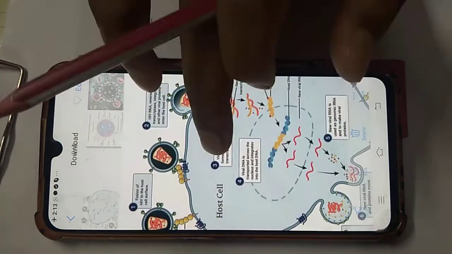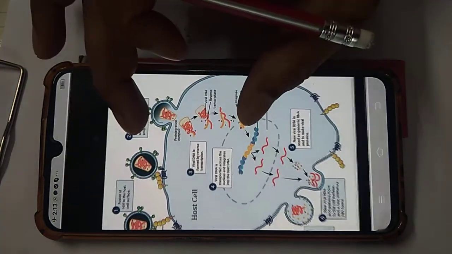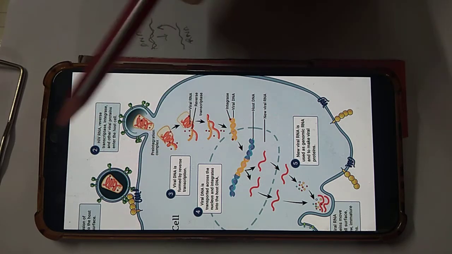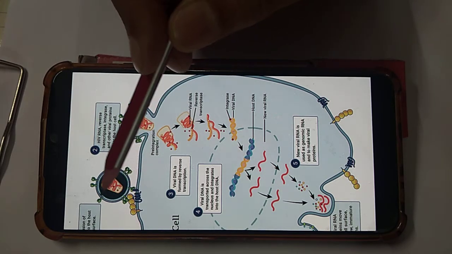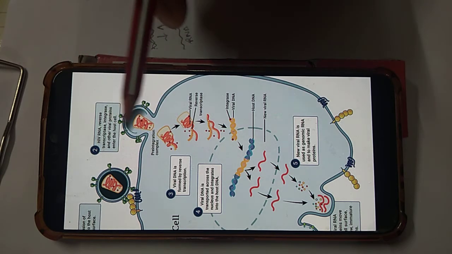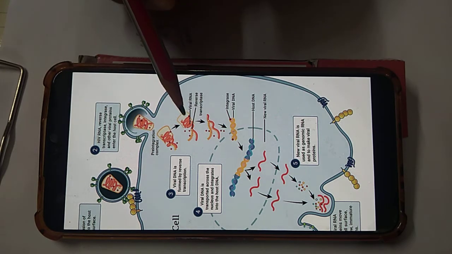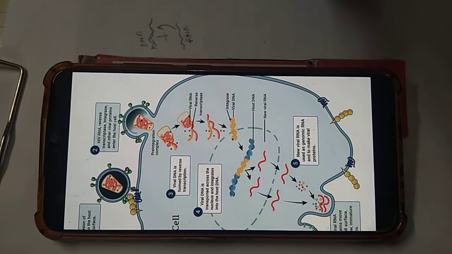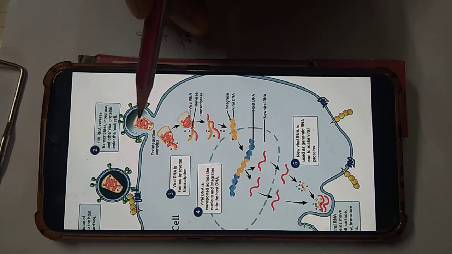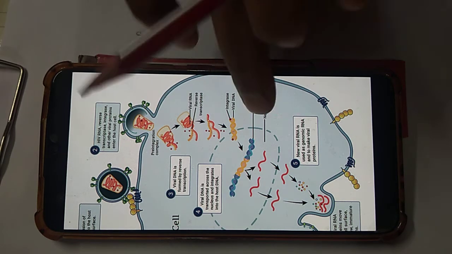So upon docking, what happens? Slowly the membrane of the host cell will join with the envelope of the HIV. The entire virus will not enter the cell, that you should know. The virus only injects the genetic material. So the HIV RNA, reverse transcriptase, all these will be injected into the host cell.